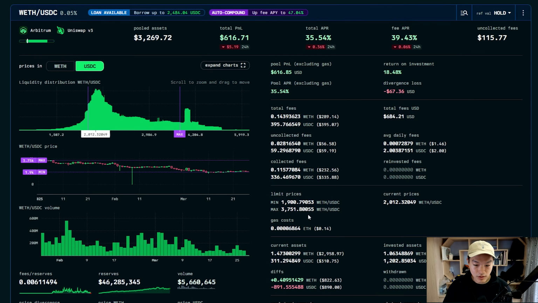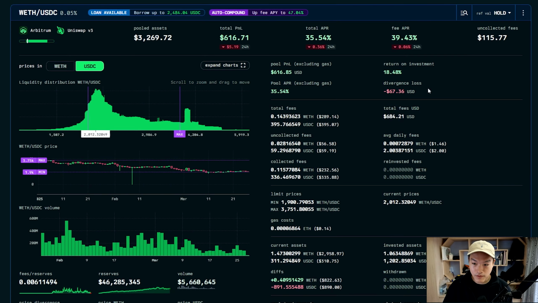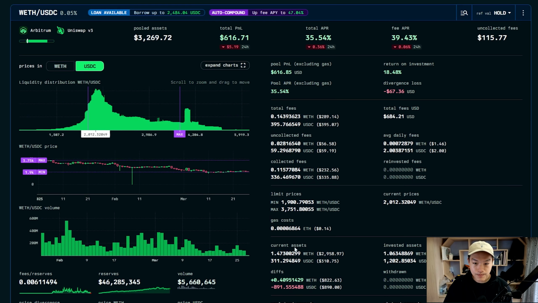So here you can see a limit price, a bit higher maximum range than the last one, still doing about 40% APR, and it's been in range for almost 200 days. So not bad at all, beating impermanent loss very comfortably. Let's use the Arbitrum and Uniswap for this example at this fee tier.